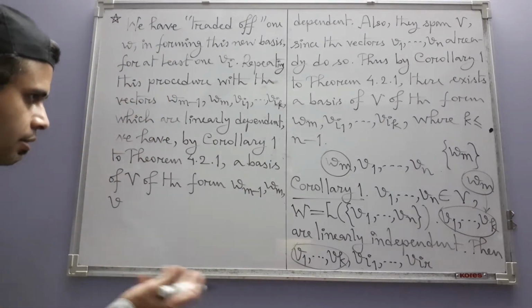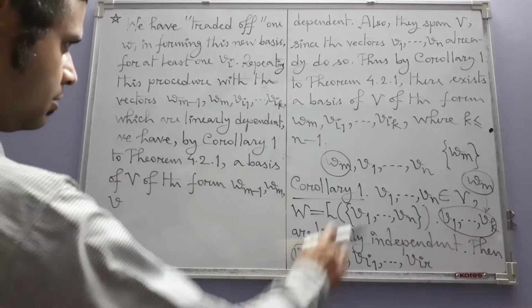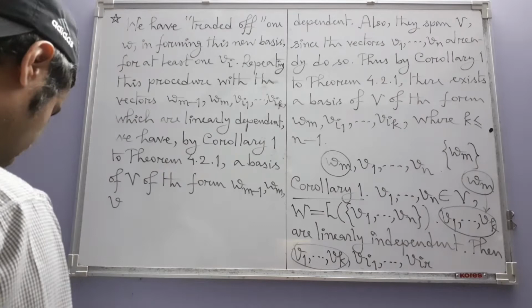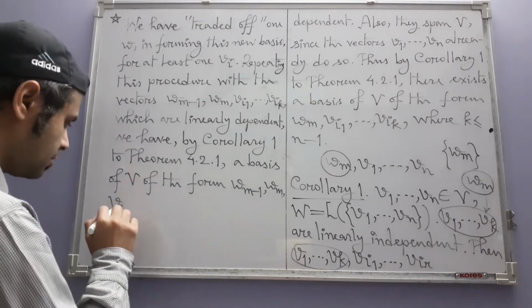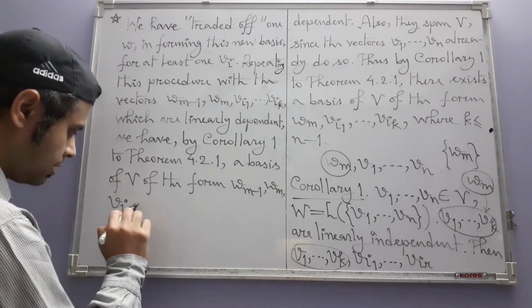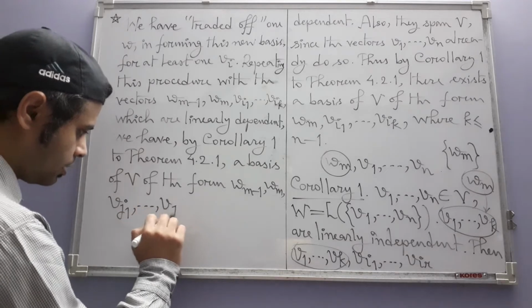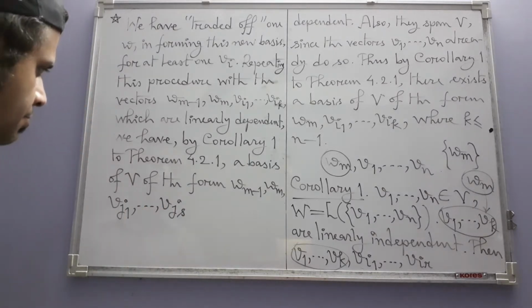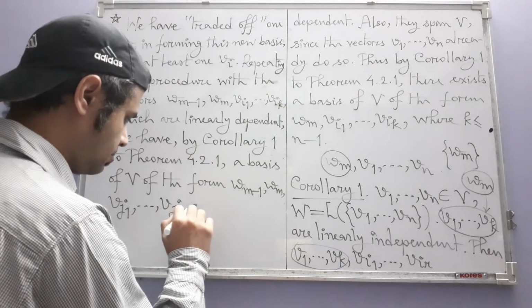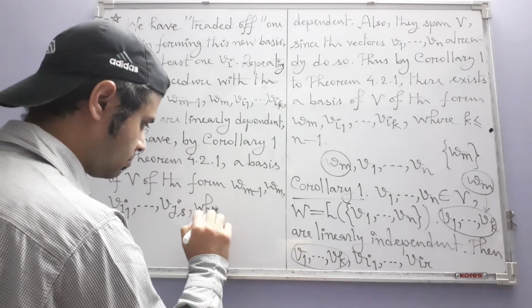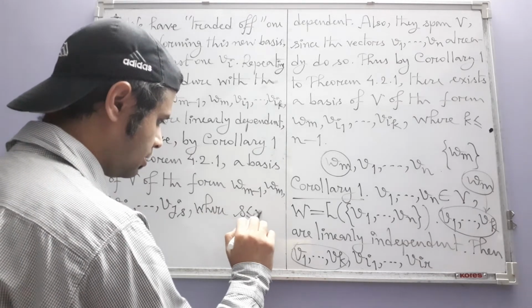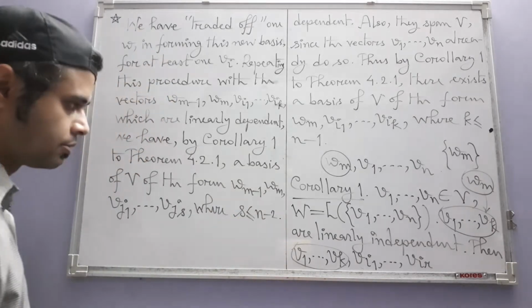Now we are removing the v's that are available here. So some new suffixes j1, up to js, where s now has to be less than or equal to n minus 2.